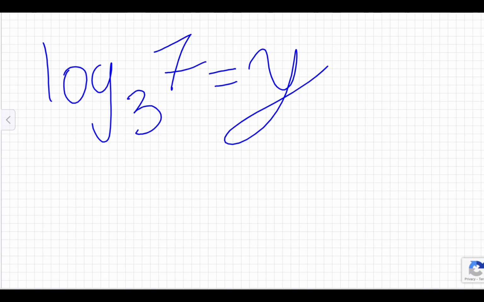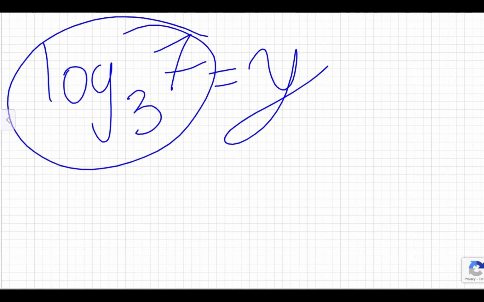Okay, we can type this into the calculator. It doesn't look that intimidating, but we still probably need a calculator.